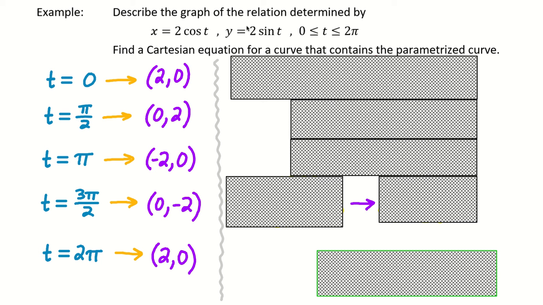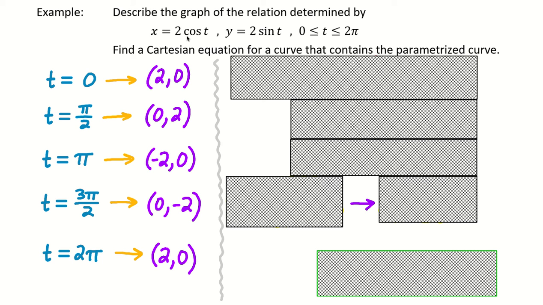So what are we going to do with these two parametric equations to come up with the Cartesian, or regular, equation that we would be way more familiar with? Well, what do you think? I don't want to just say it so quickly.